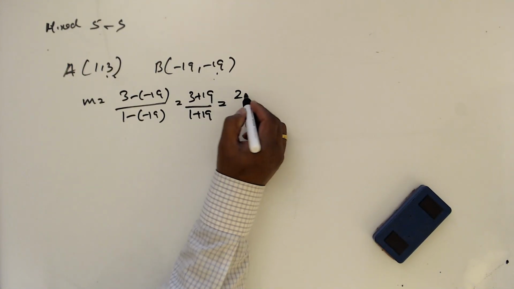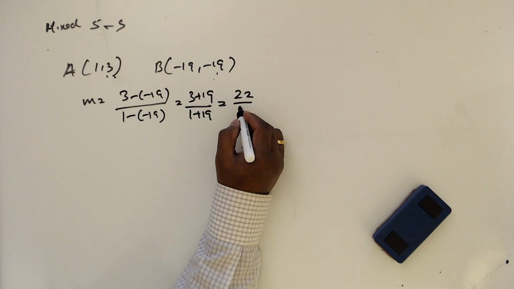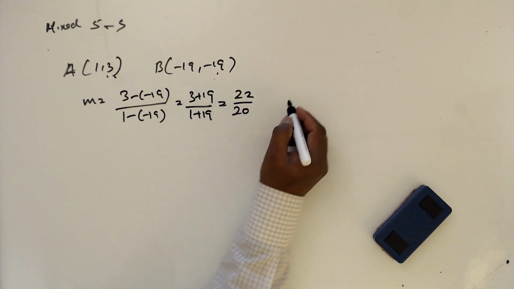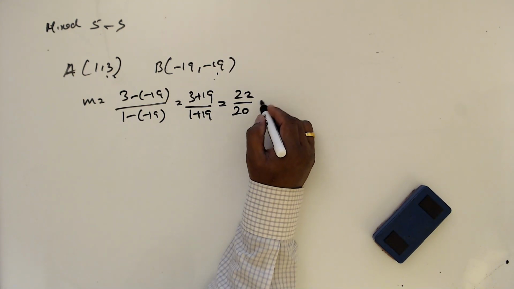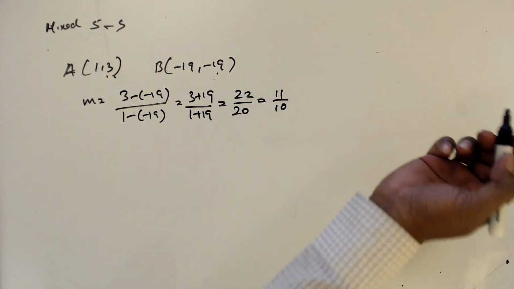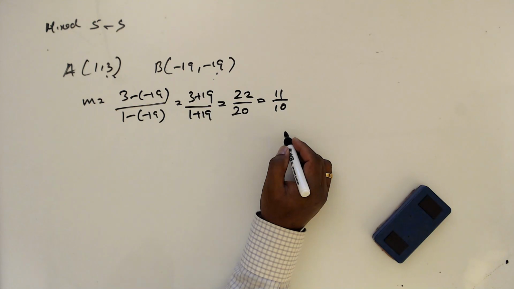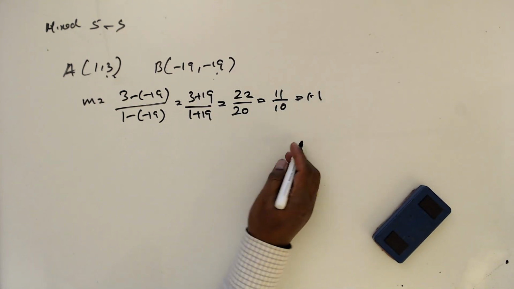So this is going to be 22 over 20, which is 11 over 10, which is 1.1.